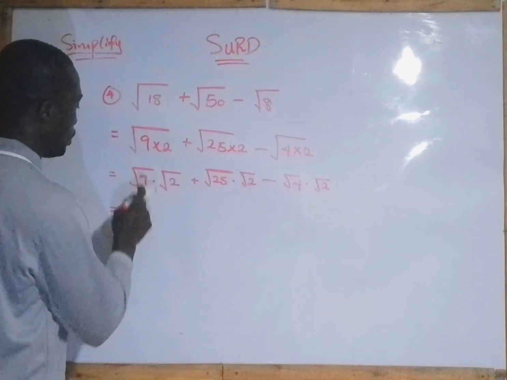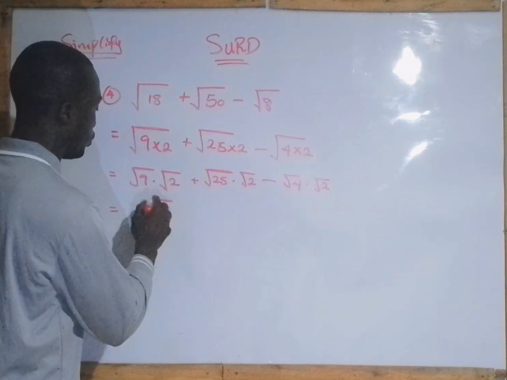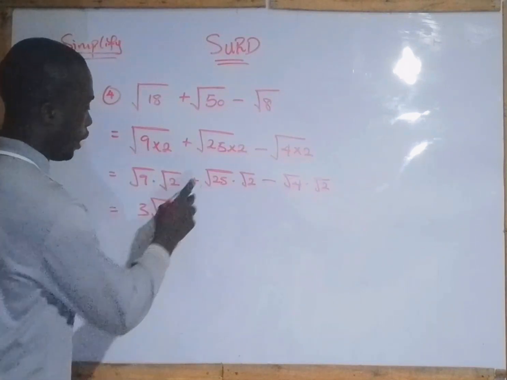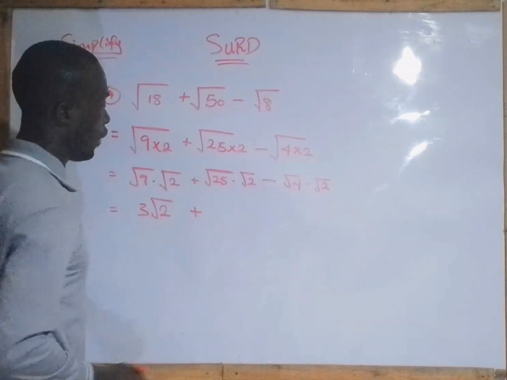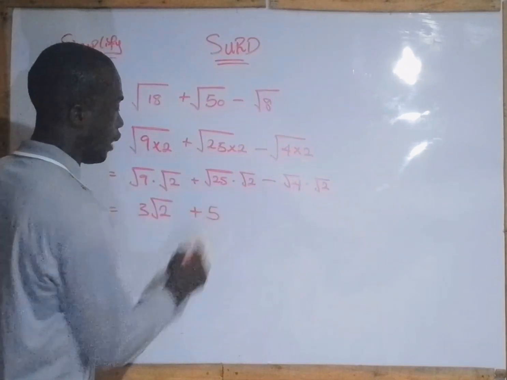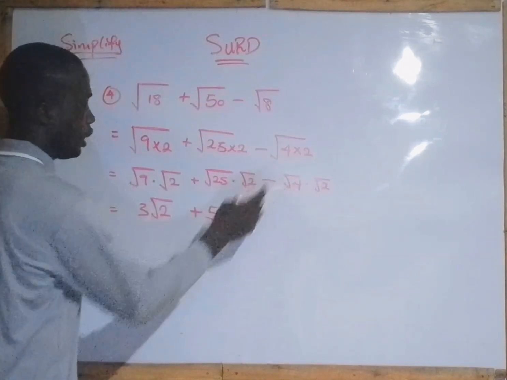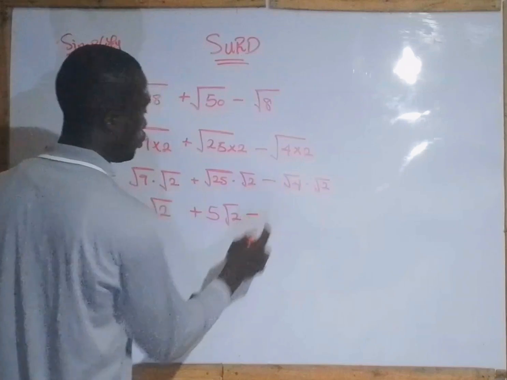We say root 9 will give us 3, and then we bring this one to root 2. That's 3 root 2. Our plus sign will come down, plus, and then root 25 will give us 5, 5 root 2. Then we move further. We have minus, which will come down.